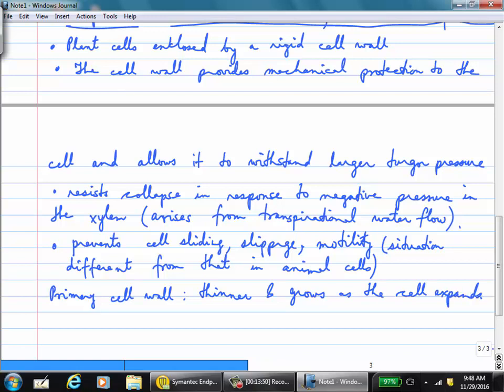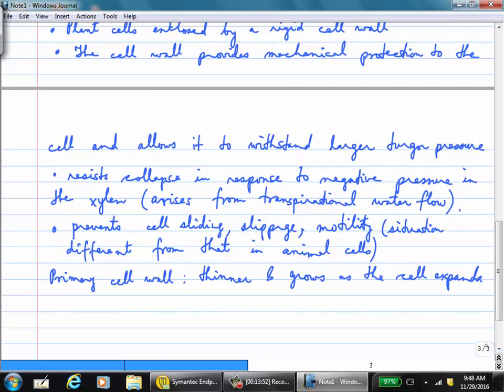right? And then you have the secondary cell wall that is inside the primary cell wall, all right? Once the cell has stopped growing, then the secondary cell wall is laid out. That's going to be a lot harder, right?